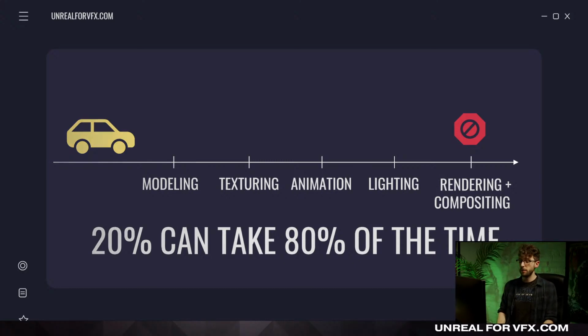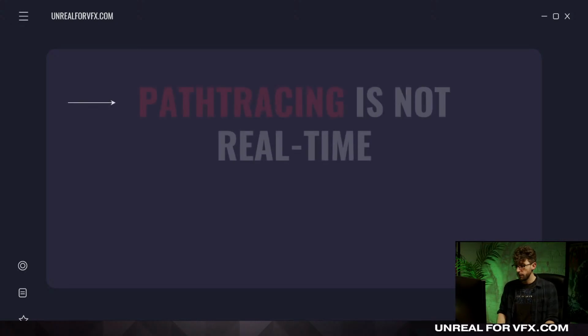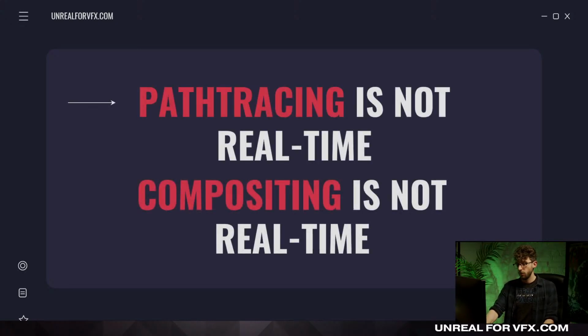So that was a big lesson I learned on War of Being, because in this case, we need to render out hundreds of shots, not just one shot. If we're making a 10-minute short film, you're gonna have to render out shot after shot after shot. And so we need to make sure that we're not spending a lot of time where we can't afford it. So this is why I don't recommend anyone uses path tracing, because path tracing is not real time.